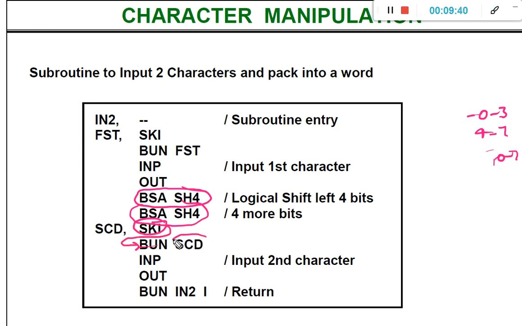branch unconditional to SCD. So, implement the SKI command. So, what is meant by SKI? Skip if input flag is on.